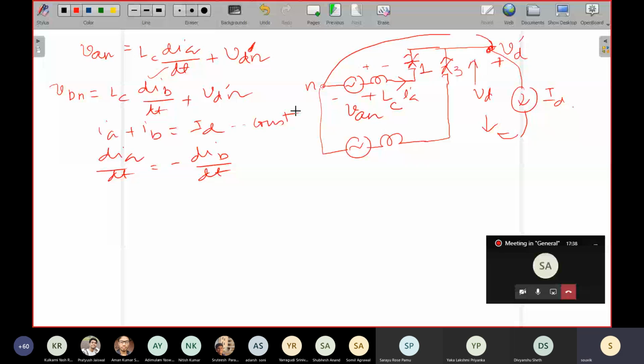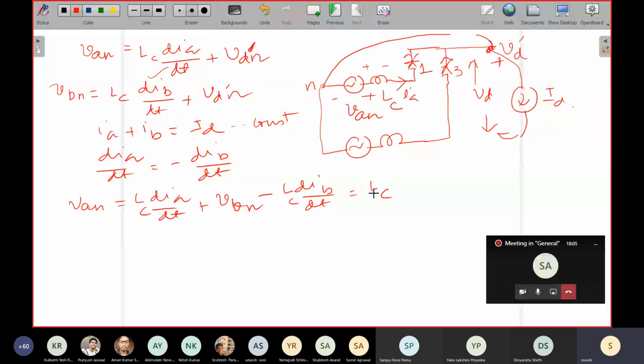This is true. So VAN is equal to LC dIA by dt plus VD dash N, and VBN is equal to minus LC dIA by dt plus VD dash N. Always LC.